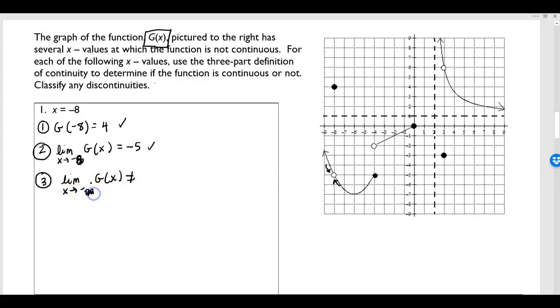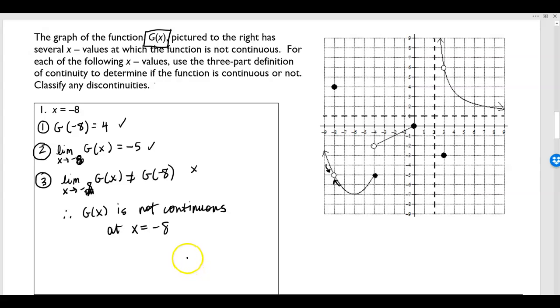I keep writing infinity, I'm sorry. And so that automatically means my function is not continuous. So I'm going to say, therefore, remember that's a symbol, a triangle with 3 dots, g of x is not continuous at x equals -8.